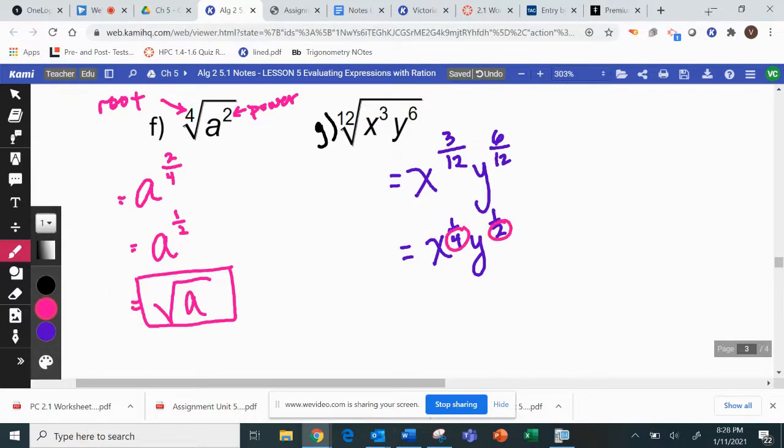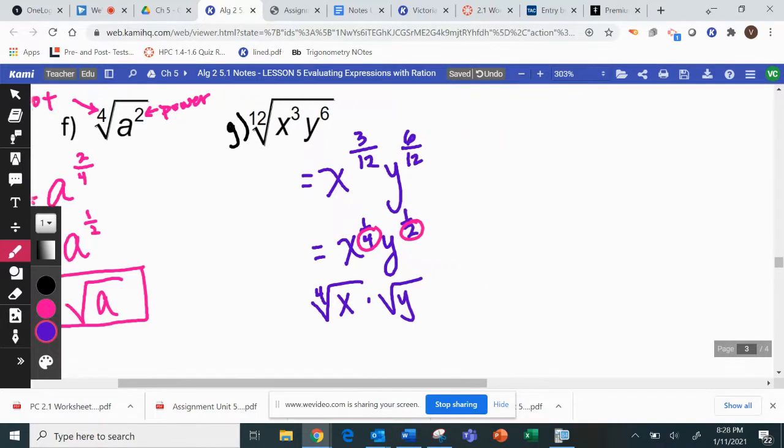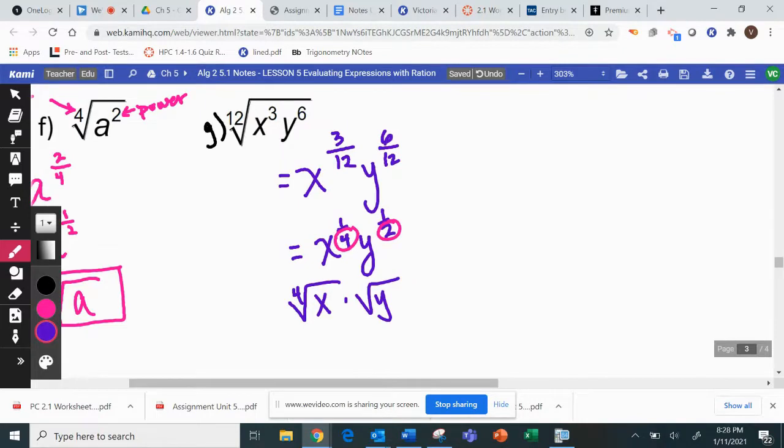So that would tell me that I would have the 4th root of x multiplied by the square root of y. I don't think that's very simple. I think more simple would be fewer radicals. So maybe I'm going to reduce them down so they have the same root. Okay, I'm going to try it a different way.